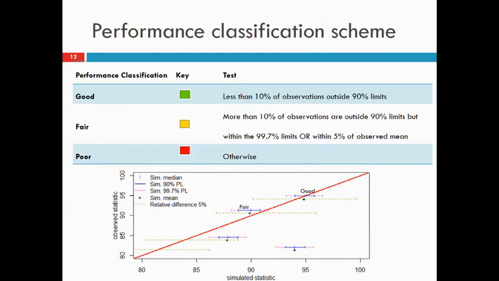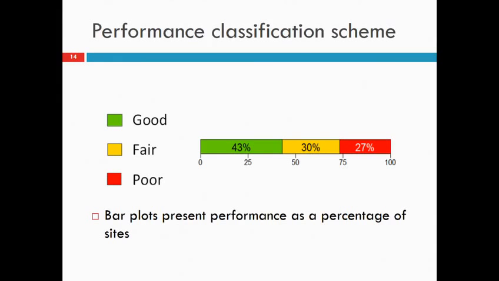Fair is where the pink lies between, or where the simulated mean and the observed mean are within 5% of one another, given by this dashed green line, or otherwise poor, lying outside both those conditions. In terms of performance over a range of sites and months, this is aggregated as a bar chart using that same traffic light colour scheme.